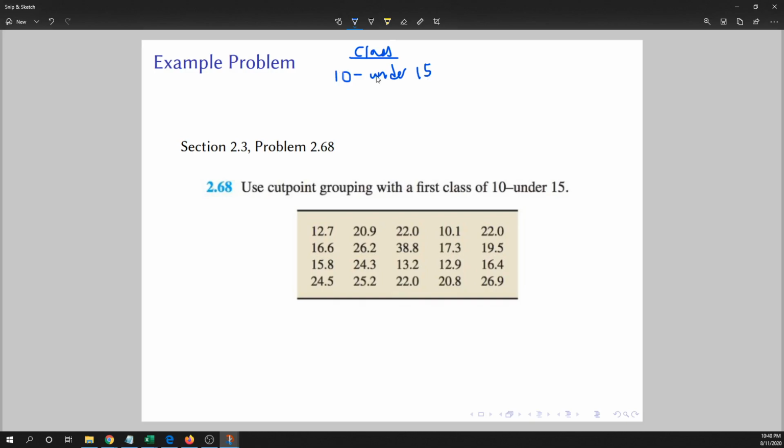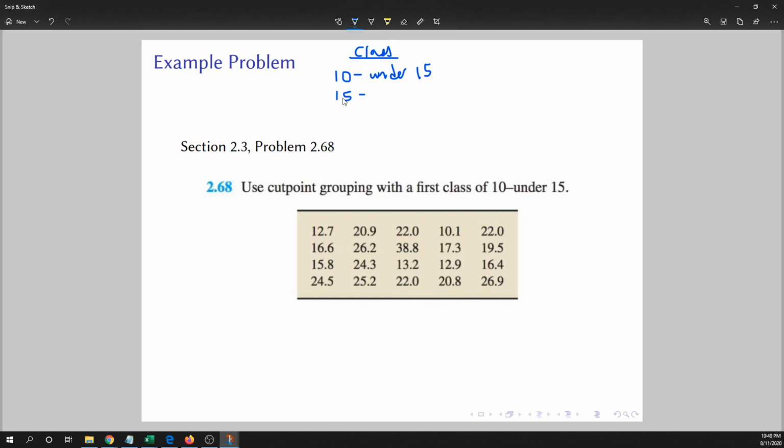So that means the lower cut point's 10, the upper cut point's 15. So that means that the smallest number that will go into the next higher class is 15. All right, and then the class width is 15 minus 10, which is 5.